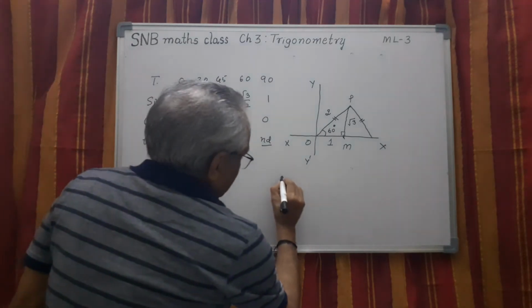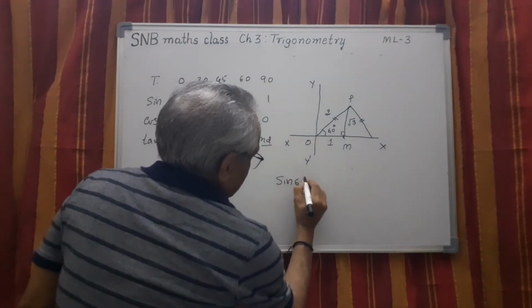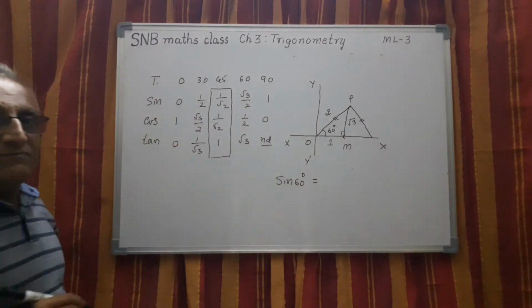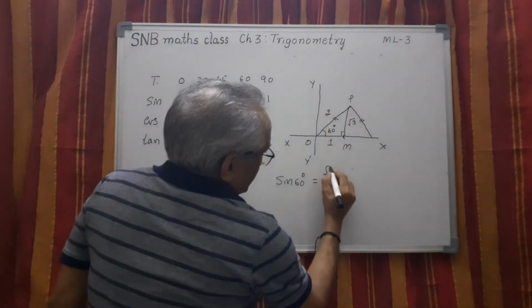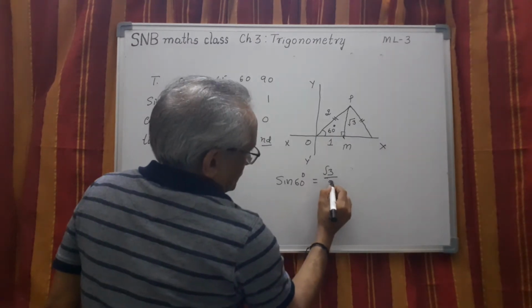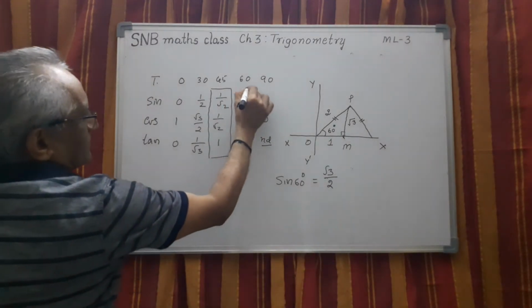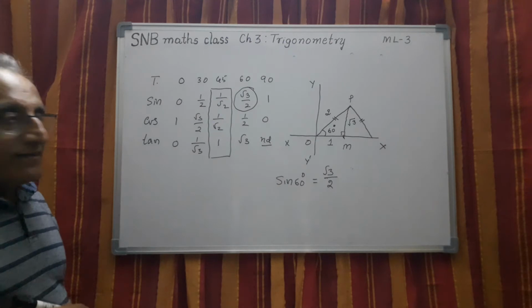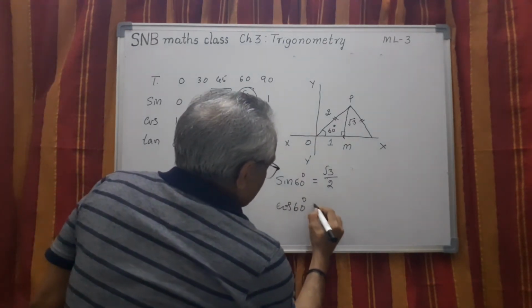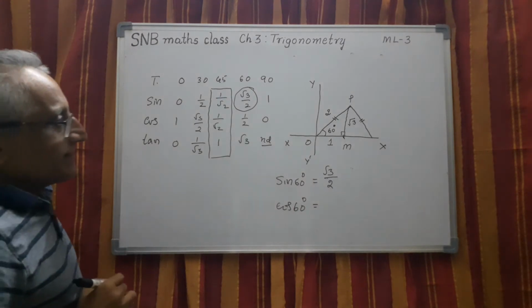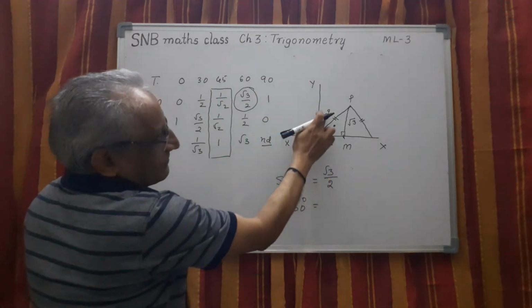What is sine 60? Sine 60 will be equal to opposite root 3 divided by hypotenuse 2. So you can check, this is the value. Similarly, if you take cos 60 degree, this will be equal to adjacent by hypotenuse.